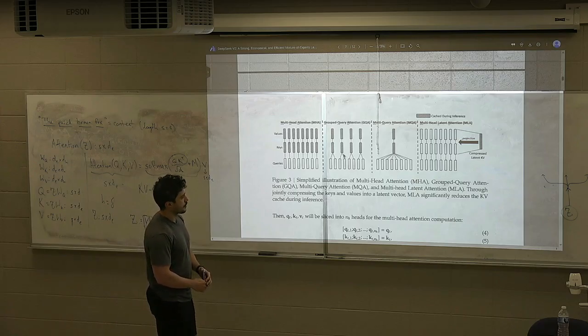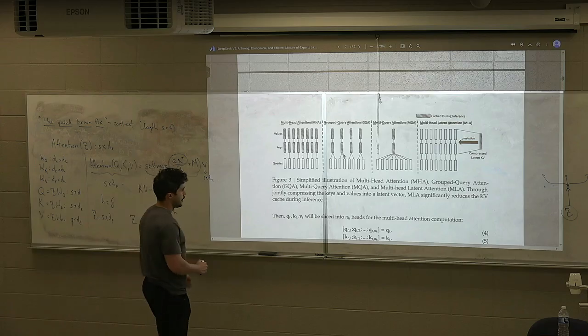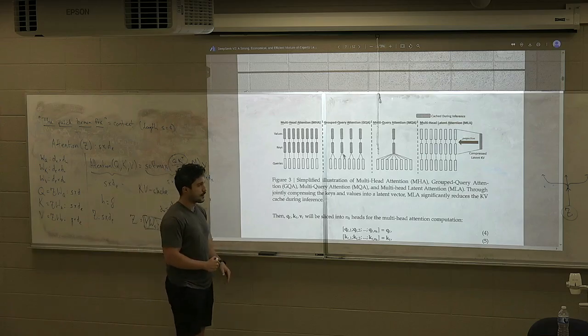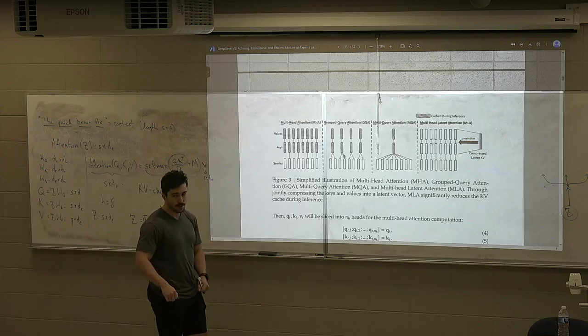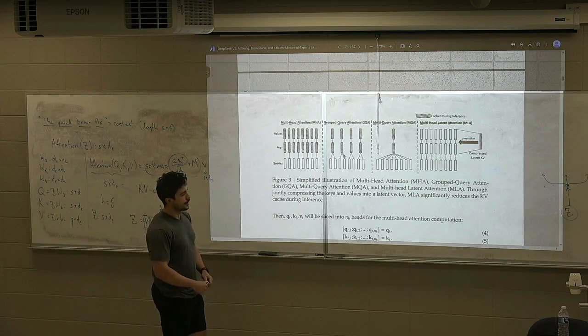DeepSeek came up with this thing where instead of actually storing the rows of the matrices, they come up with a projection to another embedding space for the KV cache, and then they load that back through some kind of variational autoencoder, and they won't even use key and value attention anymore.